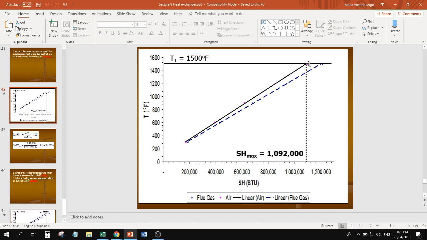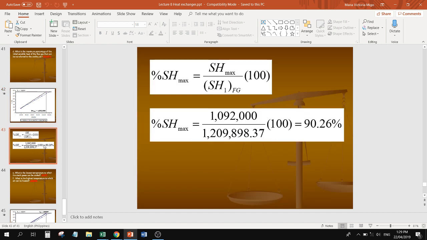So we read the Q or the SH, sensible heat, at that point, and then we divide it with the SH at 1500 degrees Fahrenheit.